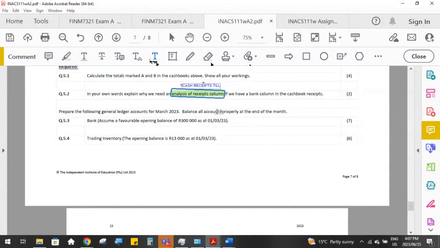When someone comes to the business and pays money into the business, you put it into your cash register and it stays there until you've got time to go and do your banking, in which case it then comes out of the till and you bank it into your bank account.